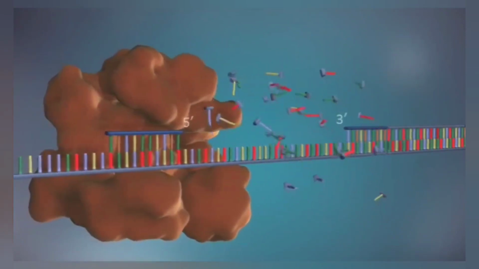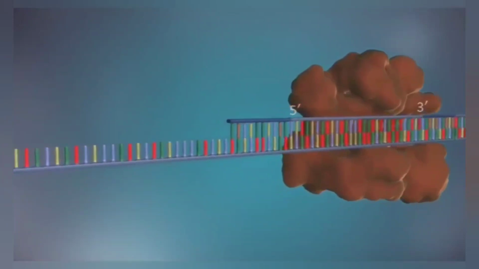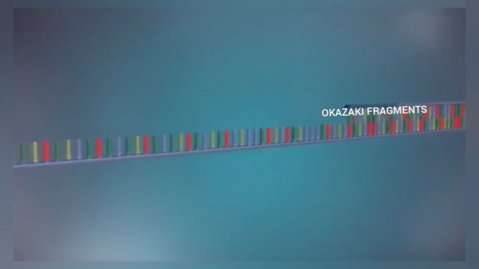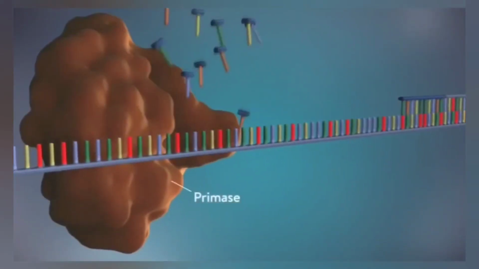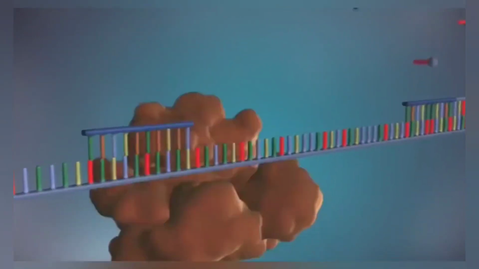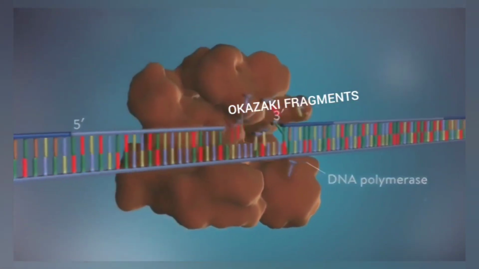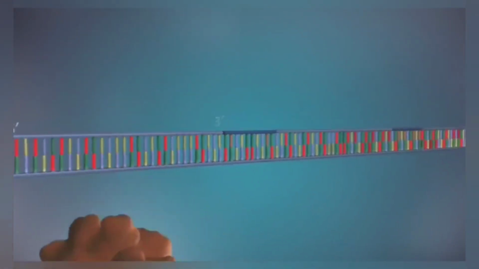These segments are called Okazaki segments. Once again, as the fork progresses, again a small primer is formed by the primase, and then again DNA polymerase III synthesizes a small segment of DNA, which is called an Okazaki fragment.